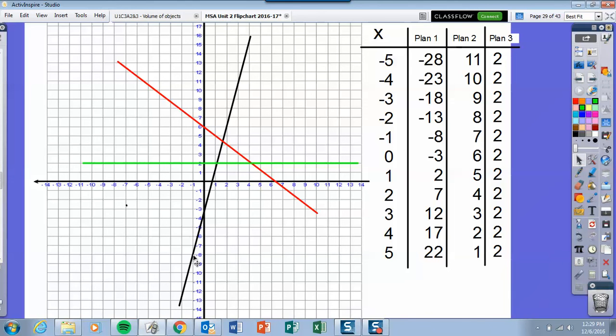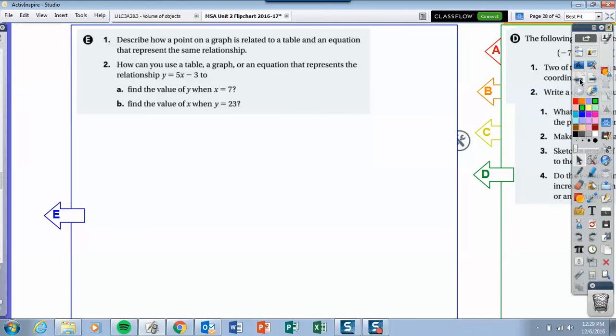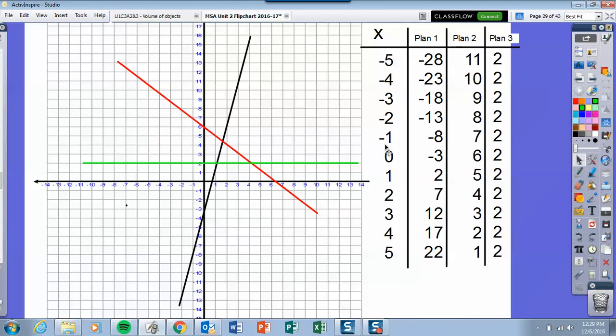Now relating it to an equation is a little bit trickier. What we're going to see is that it all starts with that starting value, that y-intercept. And then plan number 1 is going at a constant rate of +5. Plan number 2 is going at a constant rate of -1.